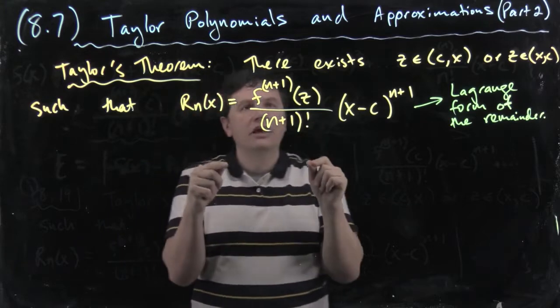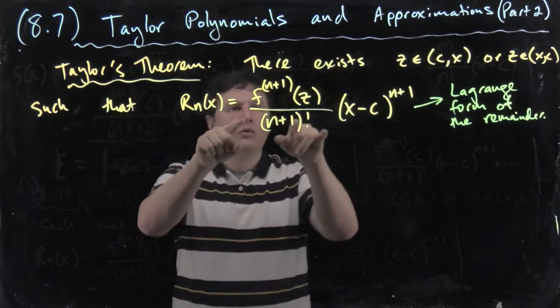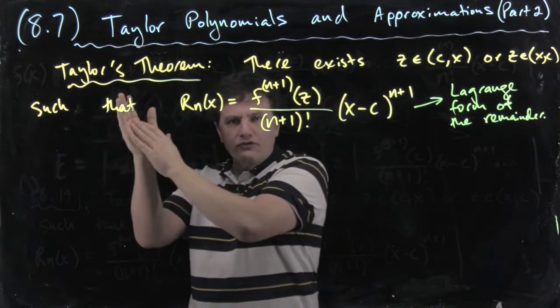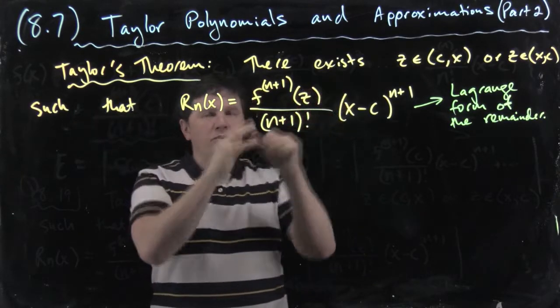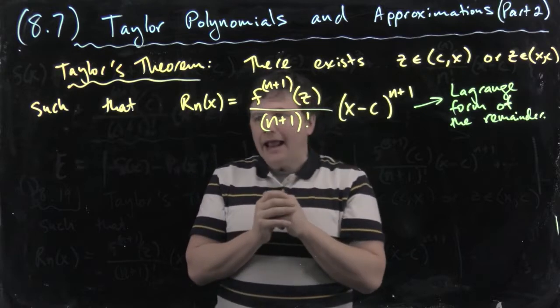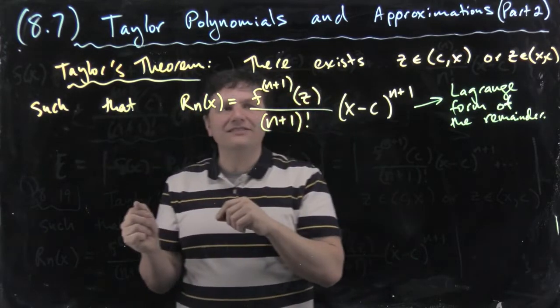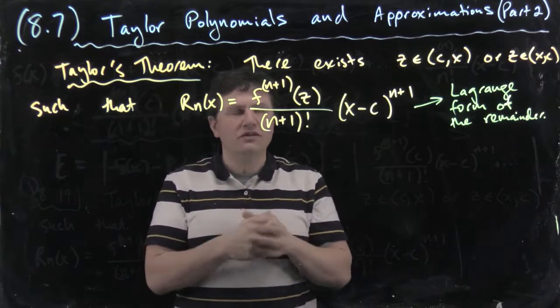And what Taylor's theorem tells me is there's a z where that whole remainder is equal to one term, the next term. So if I did a polynomial of degree 5, this would just be one term of degree 6. And what's important is that this z exists, not so much that we find the z or the exact error.